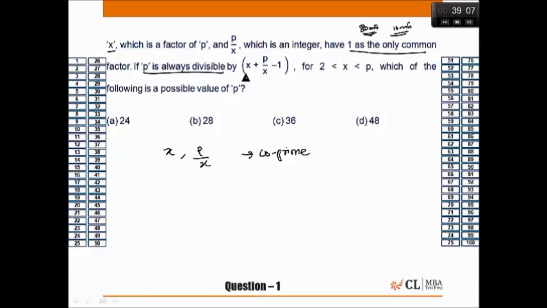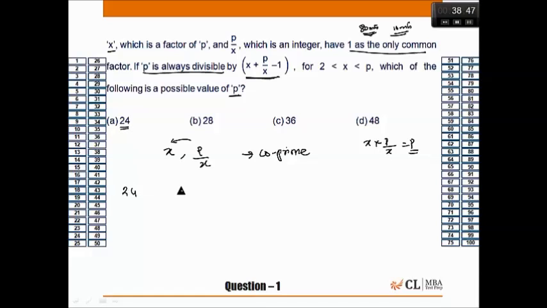If P is always divisible by this, I'm going to take a specific case. I'm going to look at the options. Which of the following is a possible value of P? Okay, X into P minus P by X equal to P, no? So can I simply say that this is trying to break 24 into a product of two numbers which are co-prime.